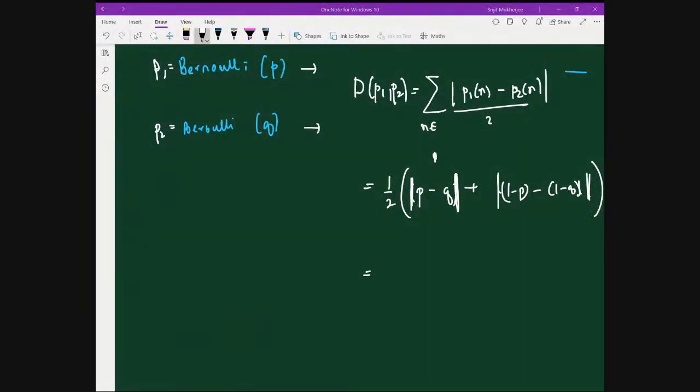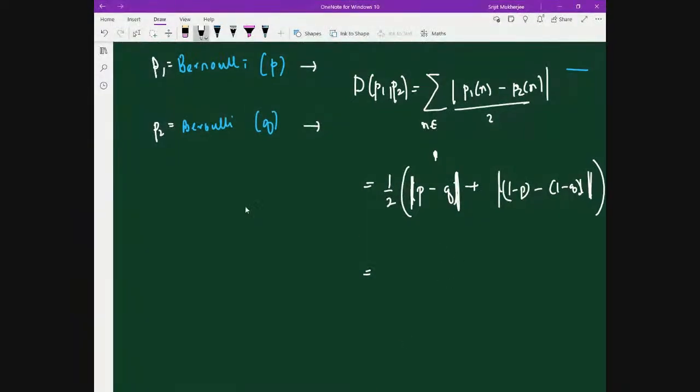The 1 and minus 1 will cancel out each other, right? So sorry, that will be mod of P minus Q. I'm so sorry. Yes, mod of P minus Q, right? So it makes sense.